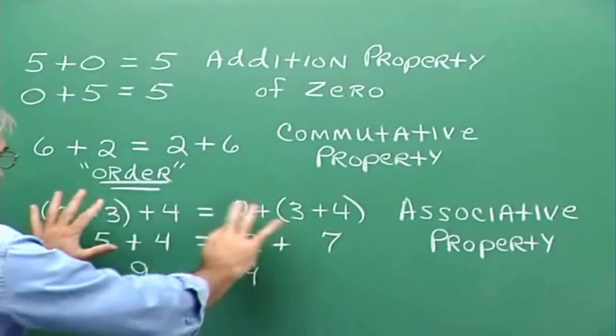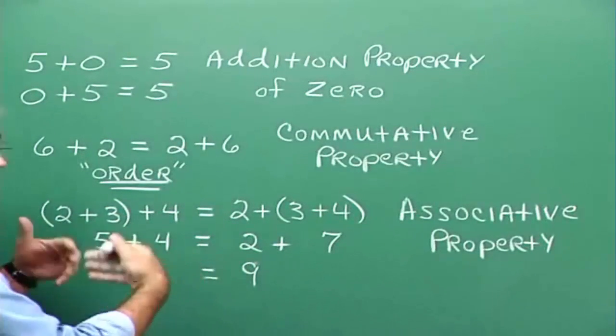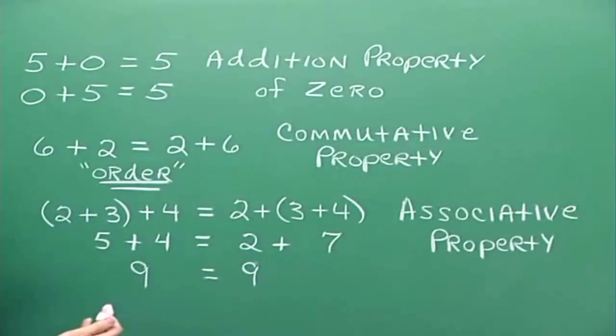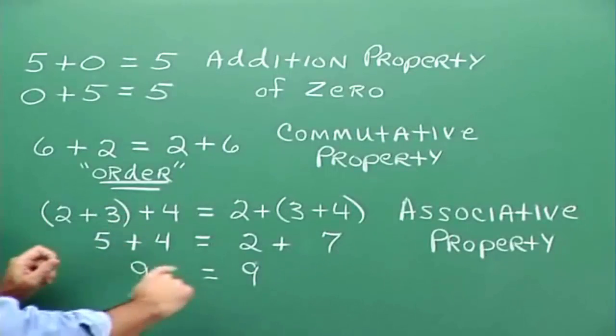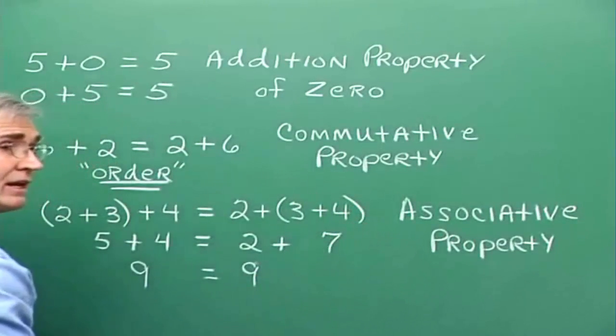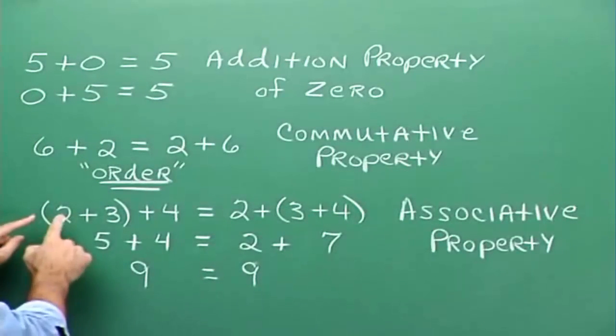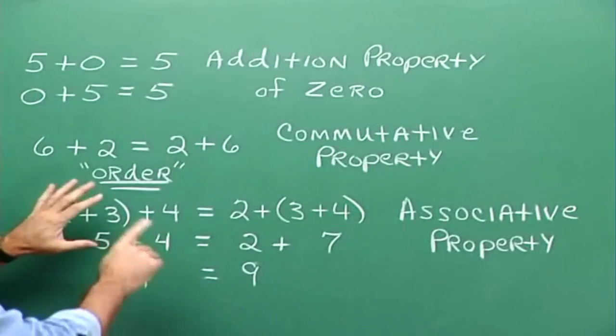Now, notice that these two cases involve an association or a grouping of the numbers being added. Here we're adding the first two numbers first, and here we're adding the last two numbers first. Same numbers are being added in both cases, and we are writing the numbers in the same order. So we're not changing the order.